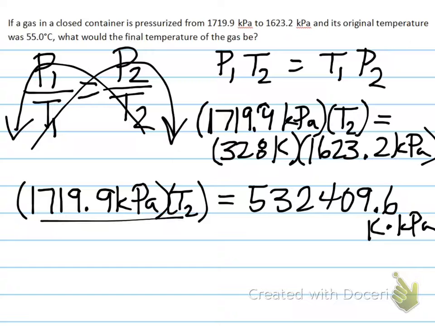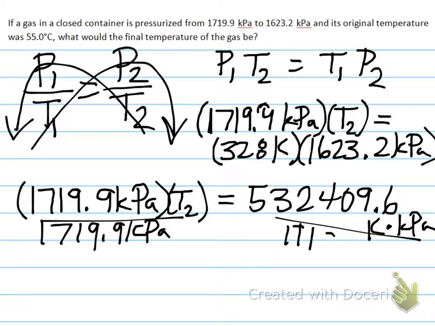Then I'm going to divide both sides by 1,719.9 kilopascals. That cancels out my kilopascals and leaves me with Kelvin.